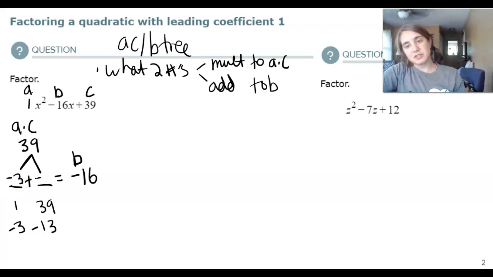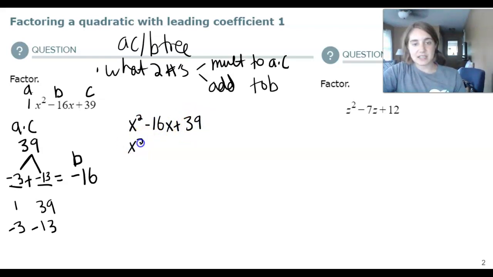The hardest part is probably finding what two numbers multiply to your A times C and add to your B. So once we do that, I'm going to go ahead and rewrite my negative 16x. I know that negative 16x is the same as negative 13x minus 3x.